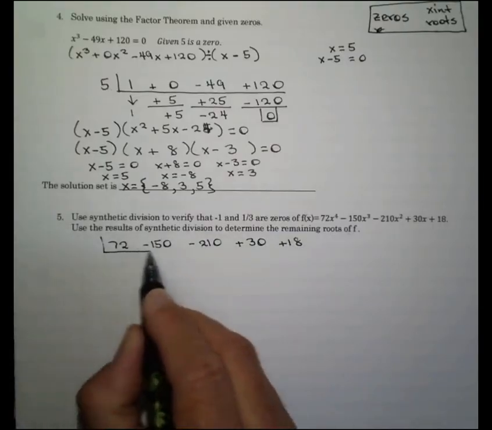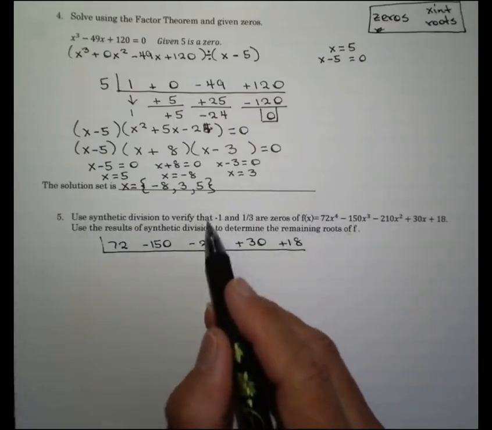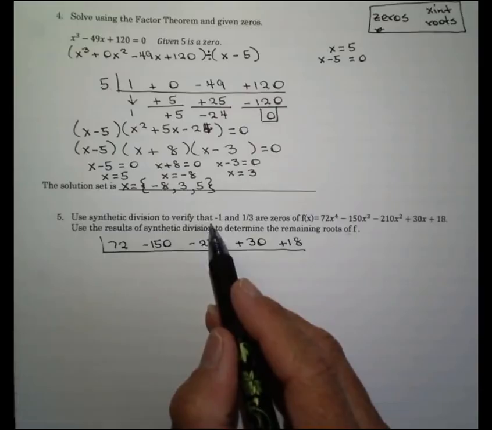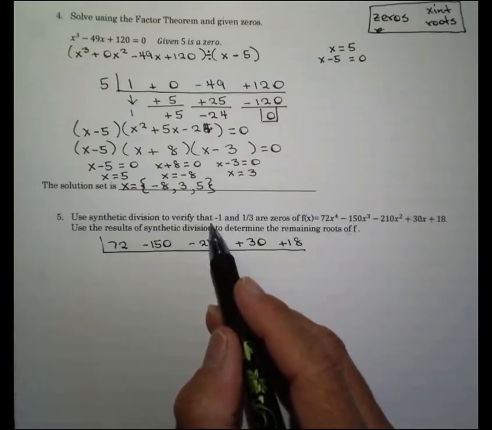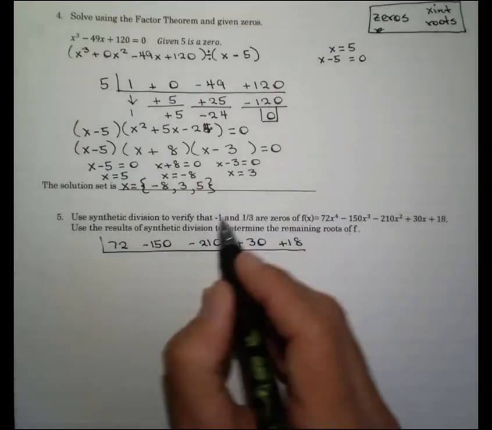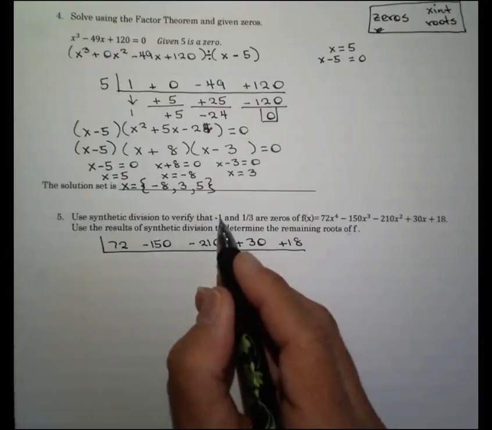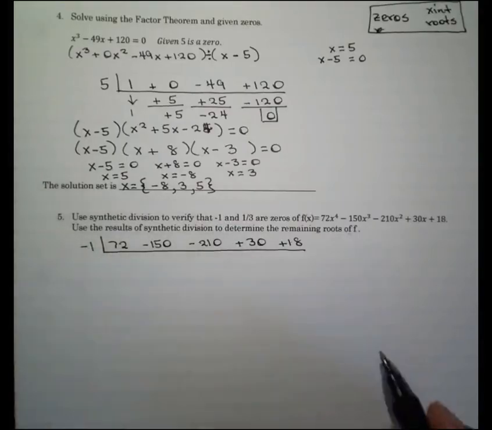Now that's all going to be divided by one of my roots. I was told that negative 1 was one of the zeros. That would mean the factor I'm working with would be x plus 1. When I divide, I use the opposite of that constant, which would be negative 1.